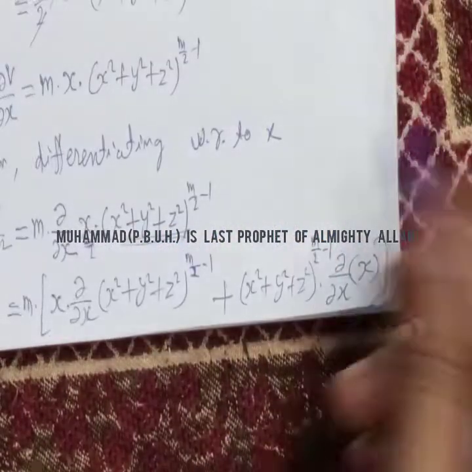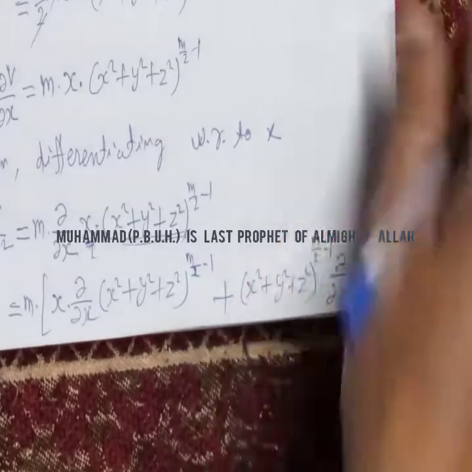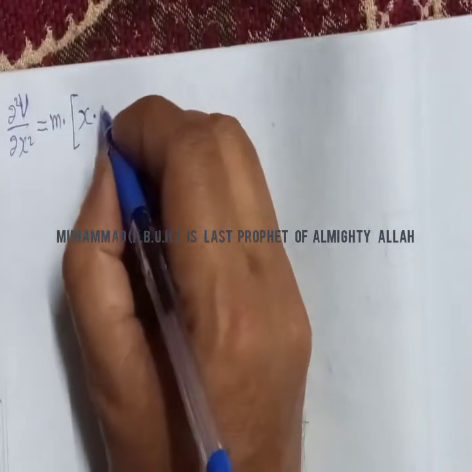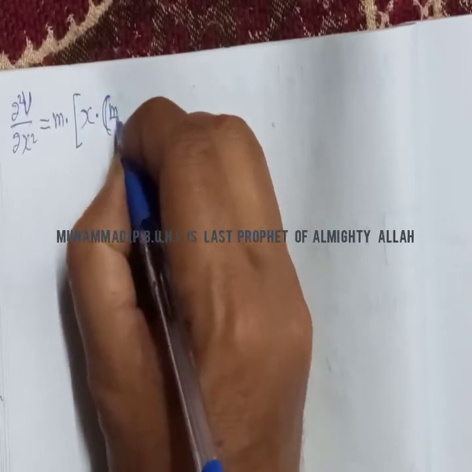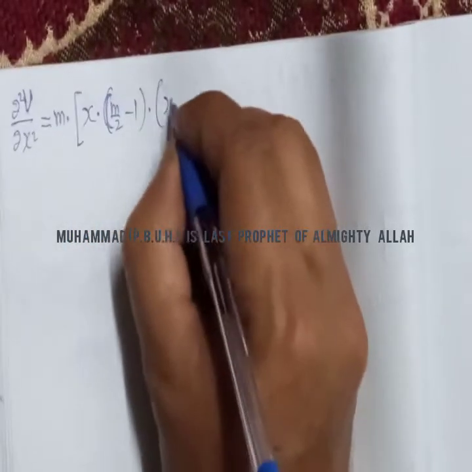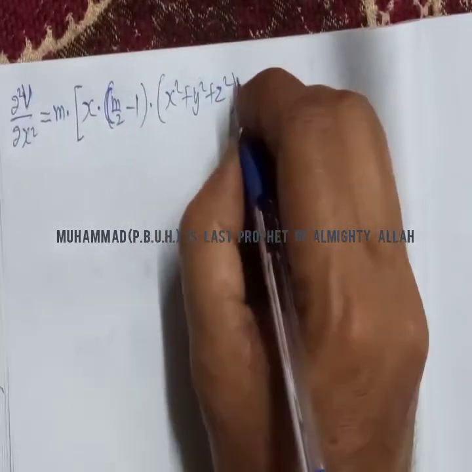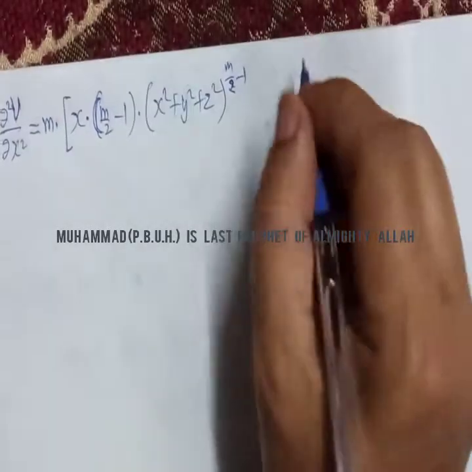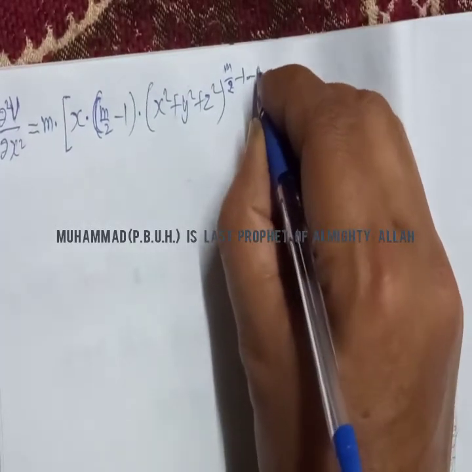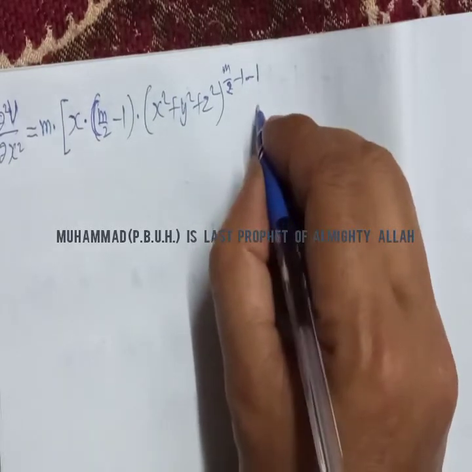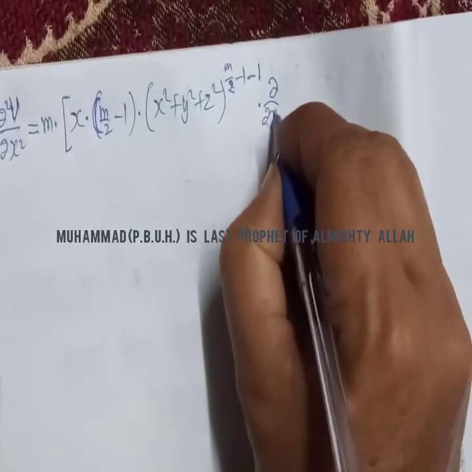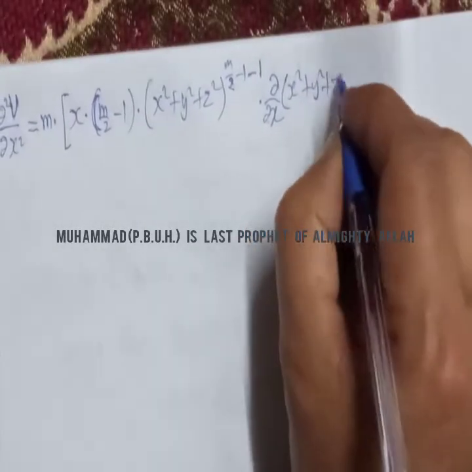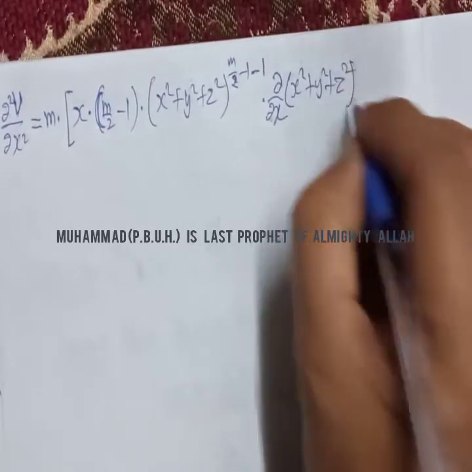So differentiate this value, but here this power is m by 2 minus 1, so we write x firstly and, applying the formula, m by 2 minus 1 and (x² plus y² plus z²) power m by 2 minus 1 is also there, but after applying the formula we should subtract 1. With the same logic as I said previously, we should differentiate x² plus y² plus z² partially with respect to x according to the chain rule.